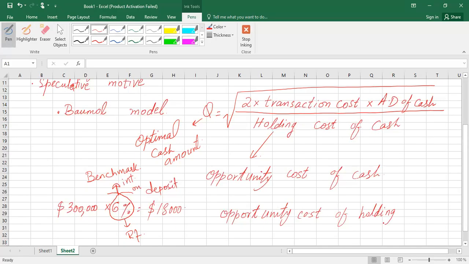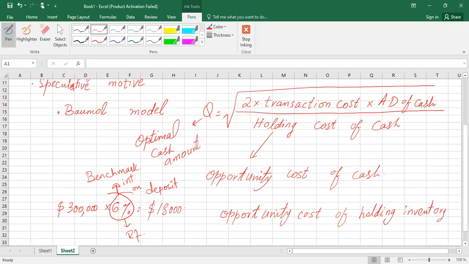Because if you are purchasing inventory, you are losing the opportunity to invest in the bank, and you are losing the opportunity to earn risk-free income. When you are holding inventory, it means you think that you will be able to earn more profit in comparison with the risk-free area, or with interest on deposit or government securities.